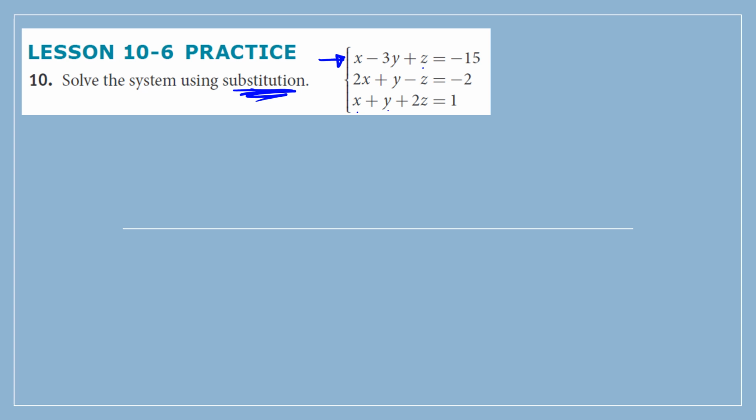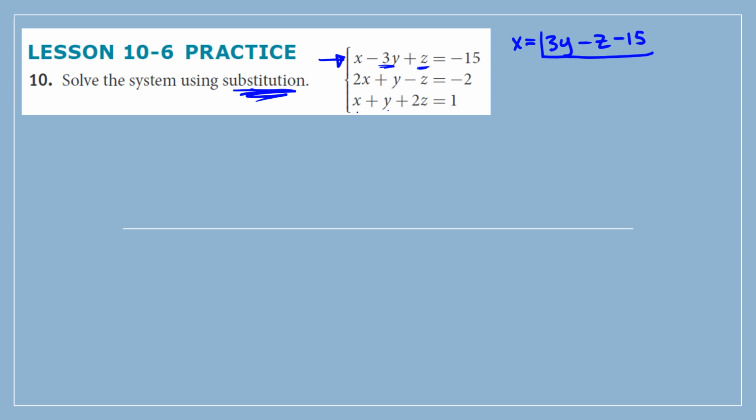I am going to choose to isolate x in this first one. So I would add 3y to the other side and subtract z. I'm not going to show every single step, but you need to. You need to show how you're getting from one thing to the other. So if I isolate x in this first equation, I would get x equals, I'm adding 3y, I'm subtracting z, and I already have negative 15 over there.